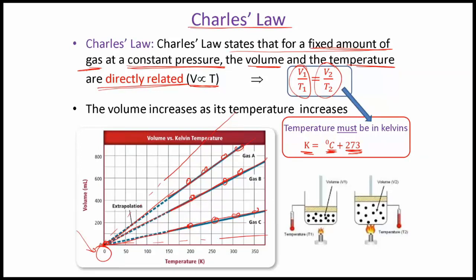What does it mean? It means theoretically, if you decrease the temperature, the volume will decrease. And theoretically at 0 Kelvin, the volume becomes 0. Of course, that's not going to happen, but theoretically at 0 Kelvin the volume becomes 0.